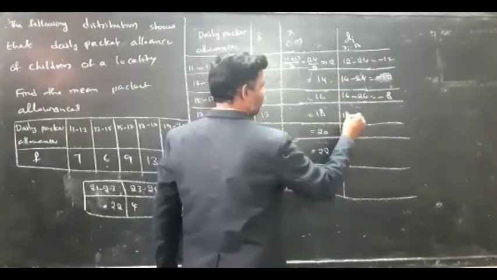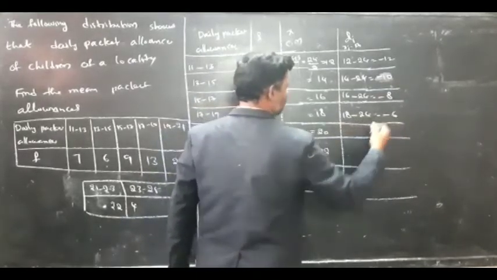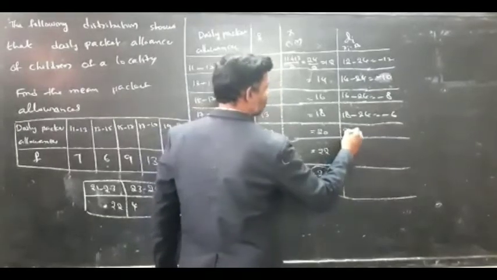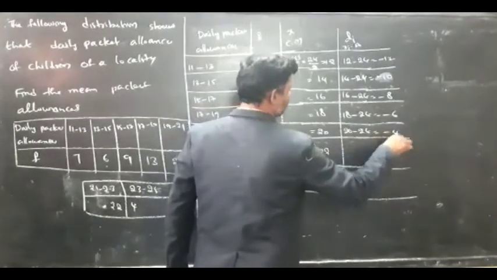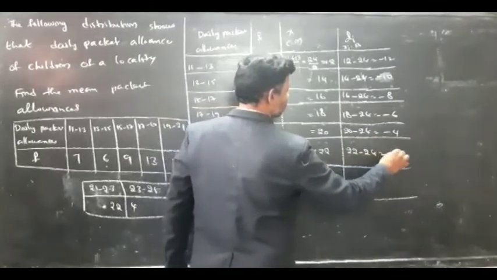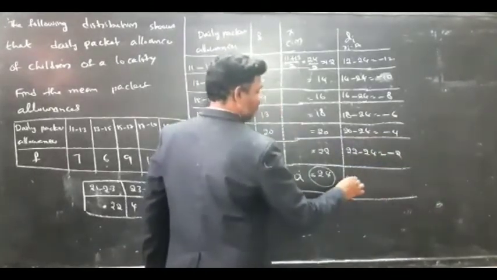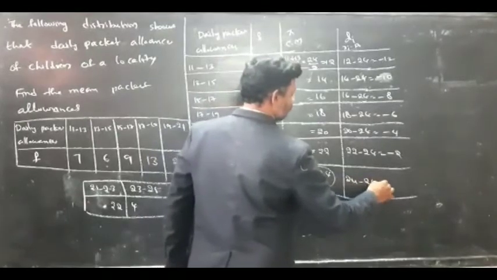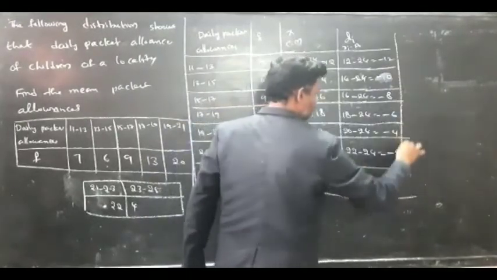Then 18 minus 24 is equal to minus 6. Then 20 minus 24 is equal to minus 4. Then 22 minus 24 is equal to minus 2. Then 24 minus 24 is equal to 0.